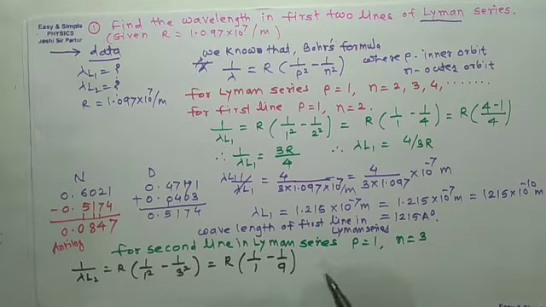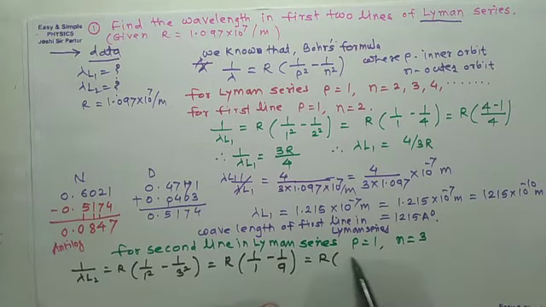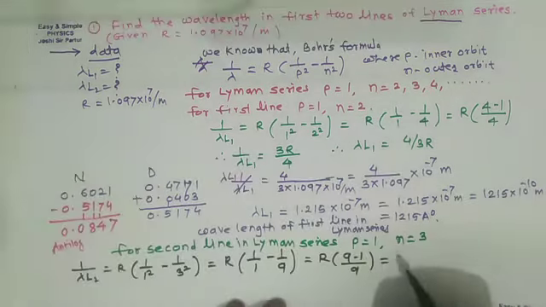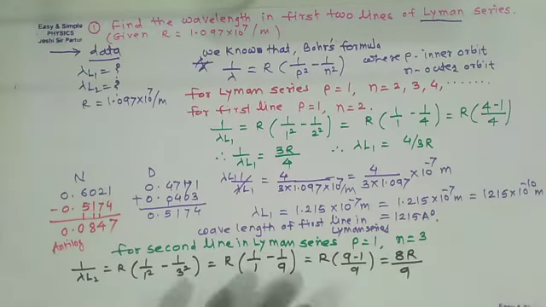Cross multiplying, it is R in bracket 9 minus 1 upon 9, so we can write 8R divided by 9.